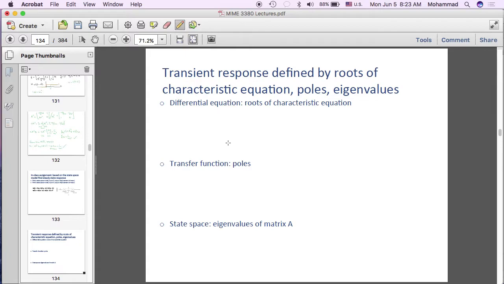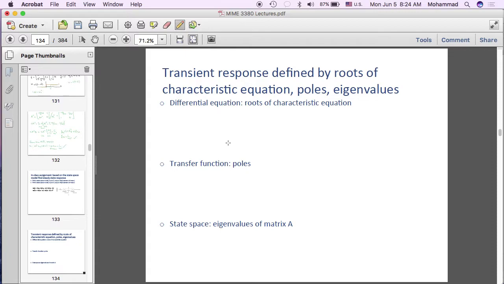We have, of course, the transfer function where it's easy to find poles. You take the denominator of the transfer function, set it equal to 0, and you find your poles. But what if you have a differential equation as the model of the system, or the state space model? How do you find those values that will determine the transient nature of the response? And that's what we are going to discuss next.